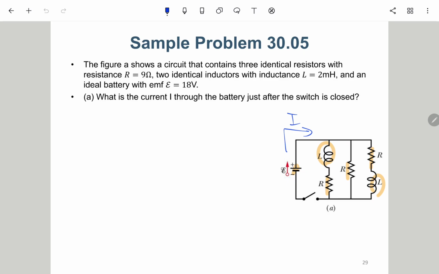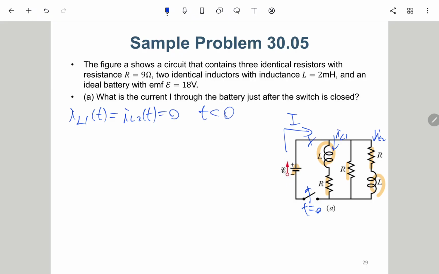The current of the inductor is continuous because at the very beginning, at t equals 0, the switch is closed. Before t is 0, there won't be any current going through any of these elements, which means that for IL, let's say this is IL1 and this is IL2, IL1 and IL2 are 0 for t smaller than 0.